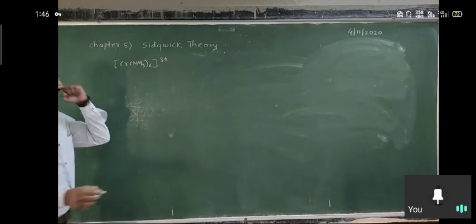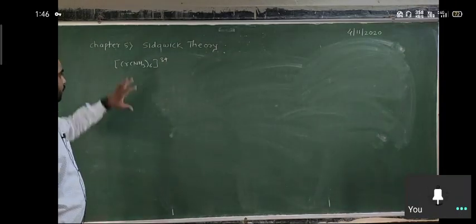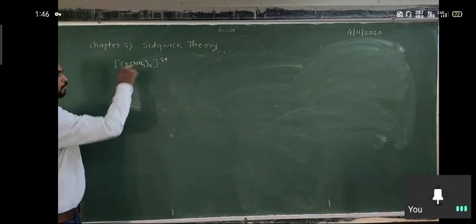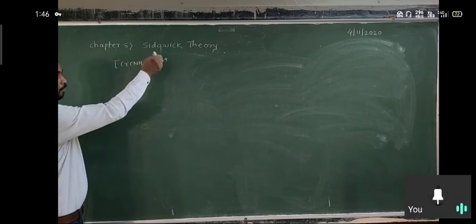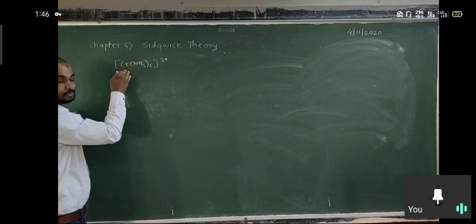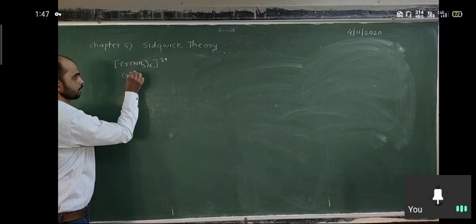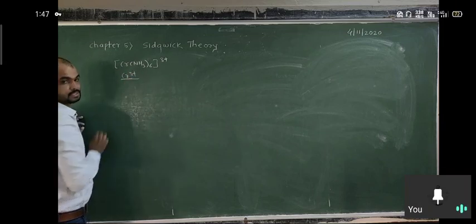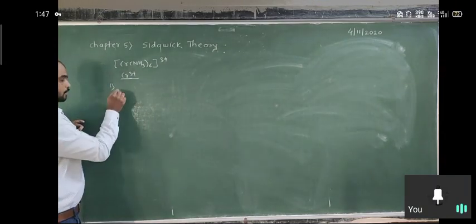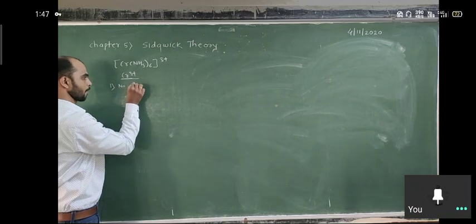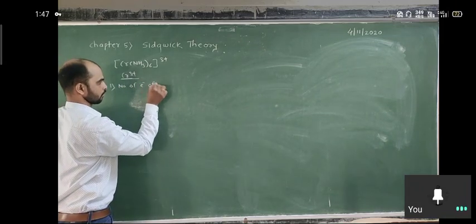Next complex is [Cr(NH3)6]3+. In the given complex, a neutral molecule is present and the complex has +3 charge. So the complex charge is equal to the charge of the metal. That means here Cr is +3, so 3 electrons are lost. According to the rule, the first point is number of electrons of Cr.